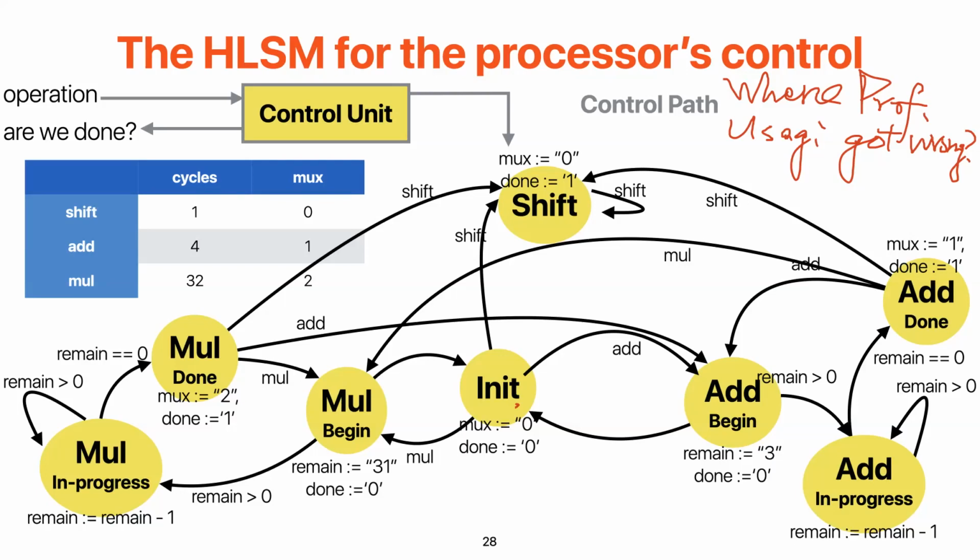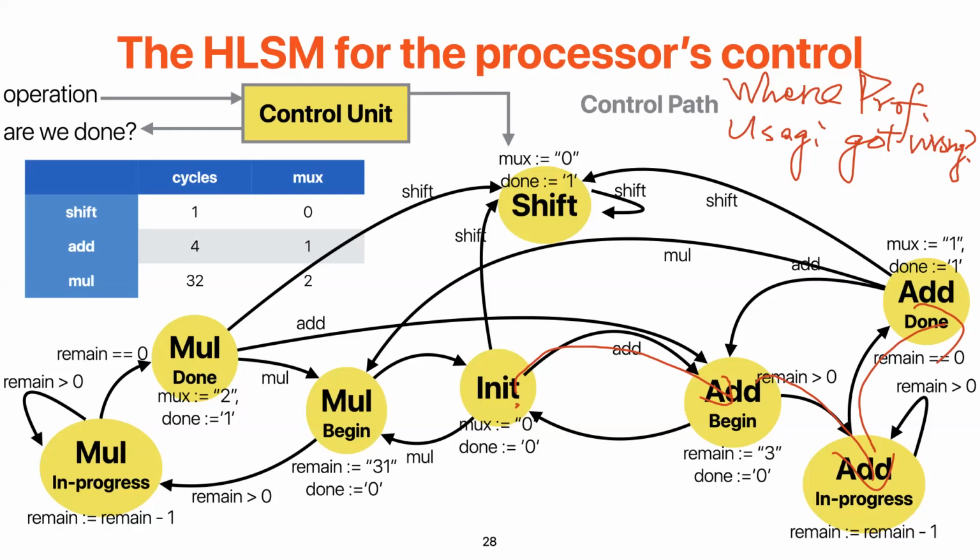At this point, we are at clock cycle 1 of the operation at the add begin state. Remain is set to 3. Then our second state will be add in progress, in which remain will be set to 2. Then our third state will be add in progress, where remain is set to 1. Then our fourth state will be add in progress, where remain is set to 0. And then finally at state 5, add is done.